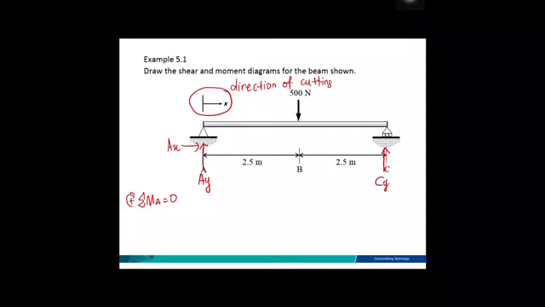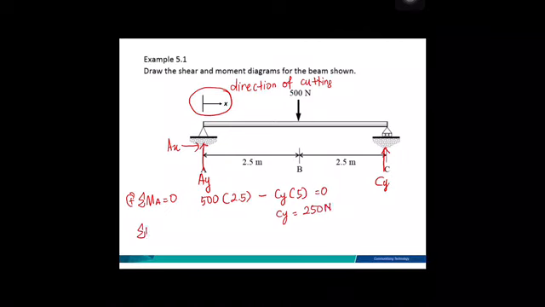Why I take moment at A? Because A has more than one unknown, so we take moment at a point that has more than one unknown. So summation moment at A equal to 0. My definition is clockwise positive, then I have 500 times the distance, which is 2.5, minus CY times 5 is equal to 0, then CY is equal to 250 Newton.